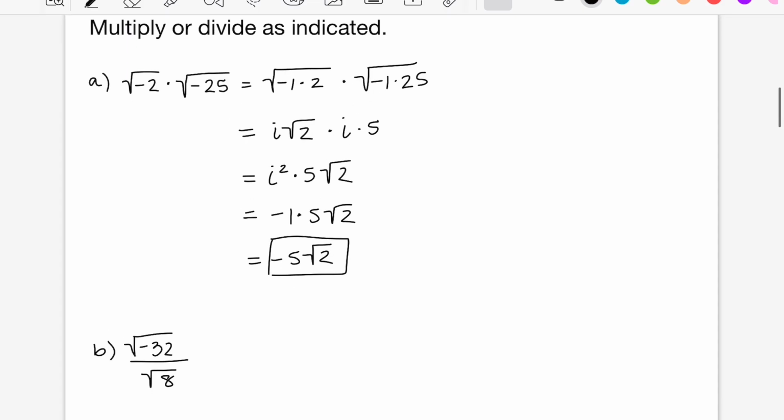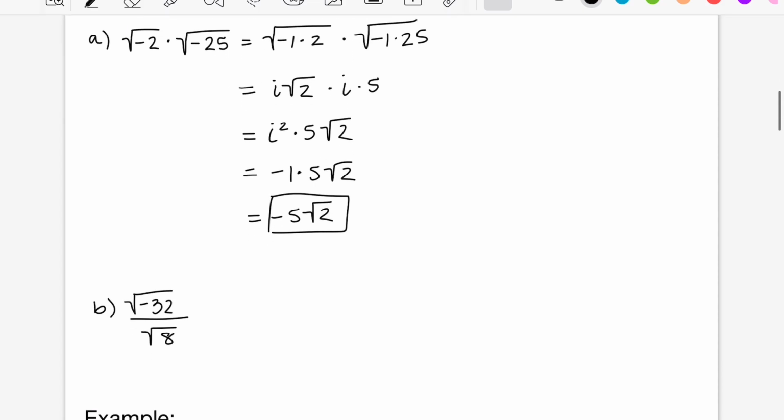All right, let's look at this example here. We're going to divide these. We have the square root of -32 divided by the square root of 8. So we'll do the same thing here in the numerator. We have -1 times 32 under our square root, and then we just have the square root of 8 in the denominator here.